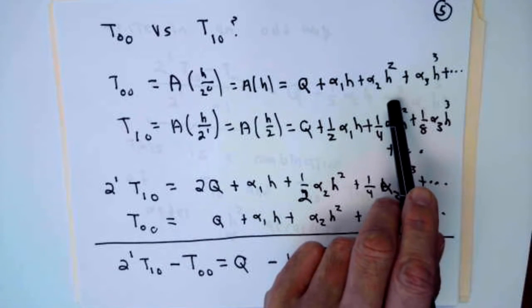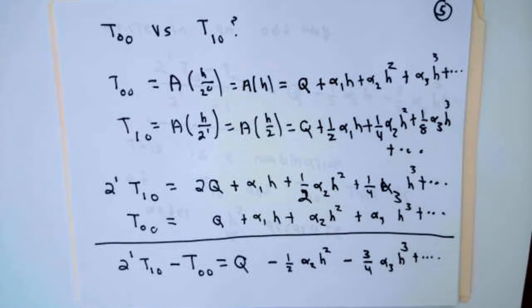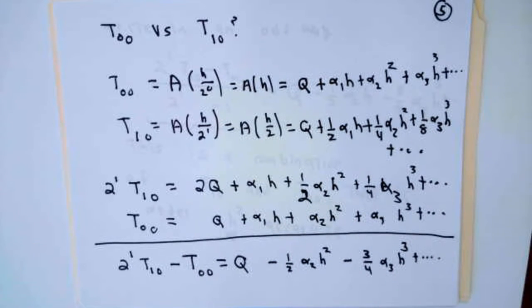The square of h over 2 is 1/4 h squared. If I cube 1/2, I get 1/8, and so on and so forth. What I want to do is to combine those two formulas in some way so that I get a more accurate representation of the value of Q.